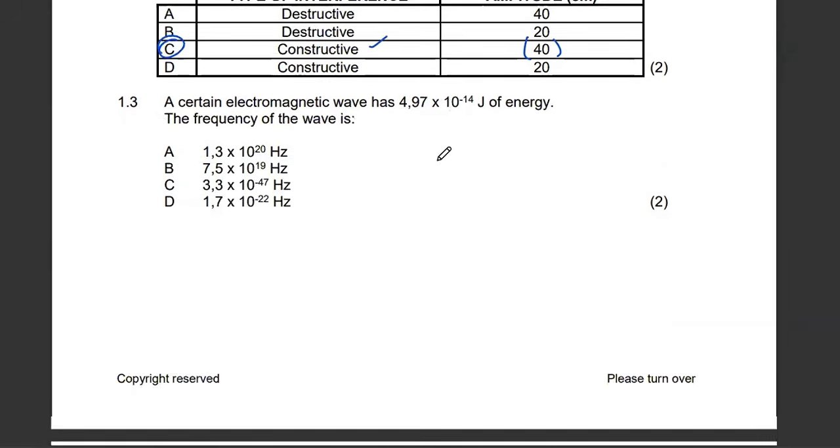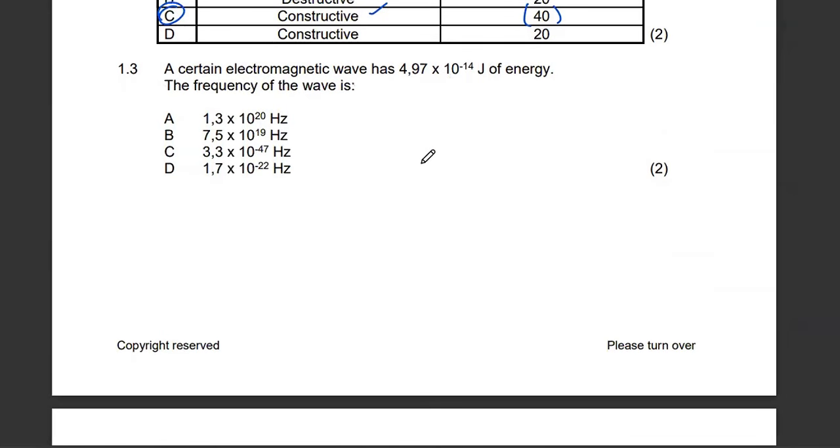And then 1.3, a certain electromagnetic wave has this much of energy, and then they want us to get the frequency. So if we use Planck's formula, E is equal to h f, whereby E is 4,97 times 10 to the negative 14. And what's the Planck's constant? 6,63 times 10 to the negative 34.